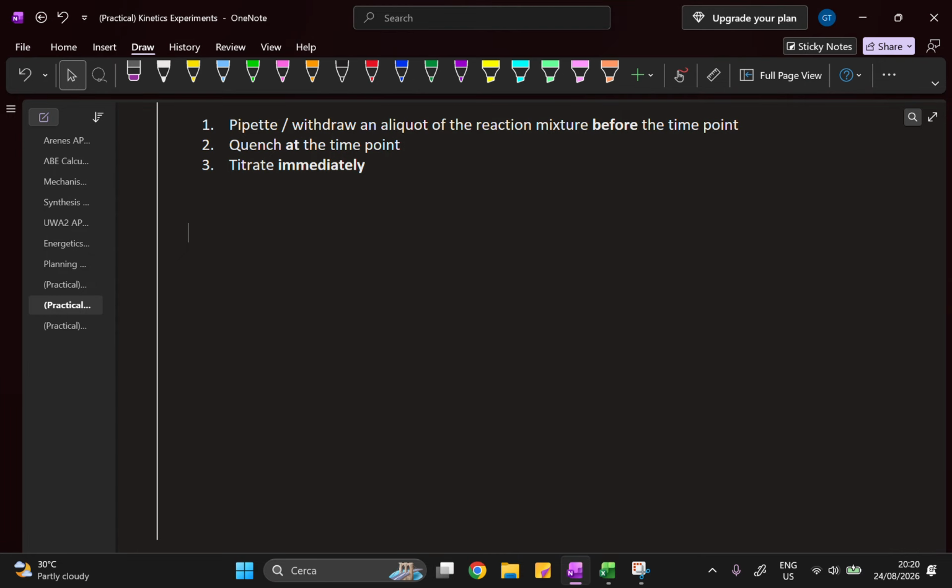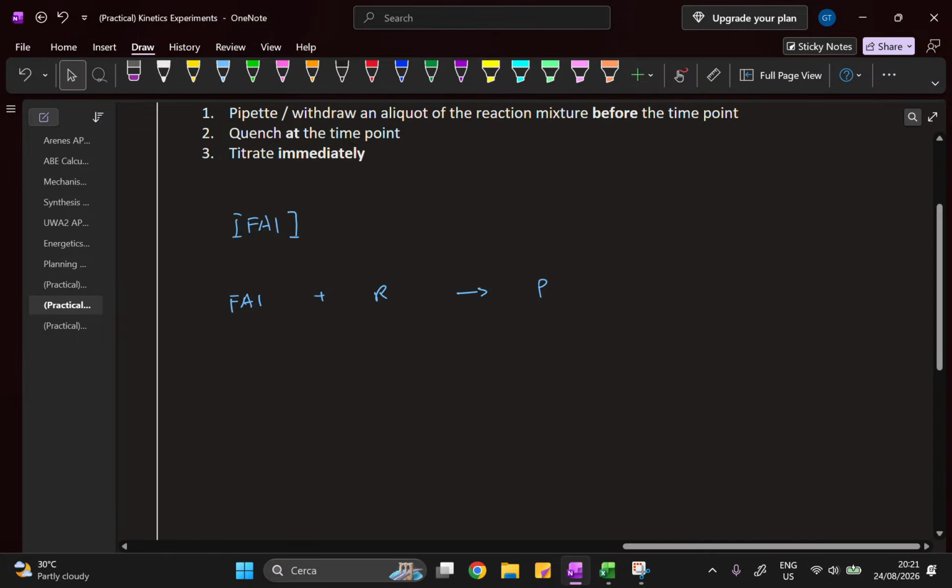Anyway, let's say I want to investigate the order of reaction with respect to the concentration of Fa1, and I want to use the sampling method. The reaction is going to be something like this: Fa1 plus another reactant, R, gives you a product. This other reactant R is going to be in very large excess.